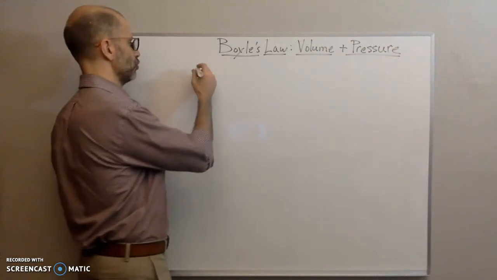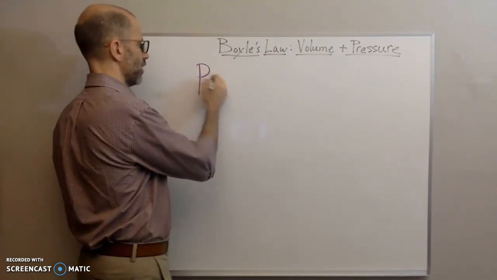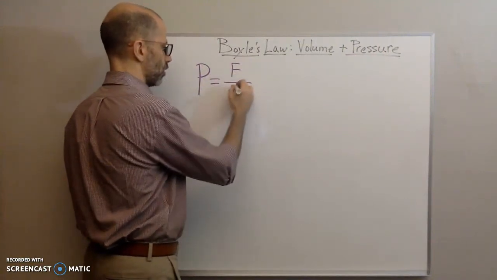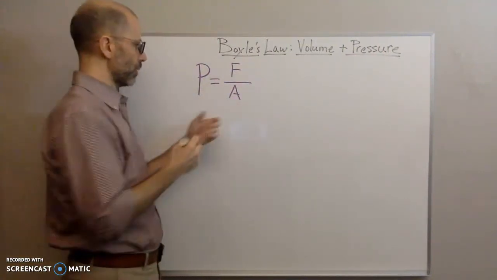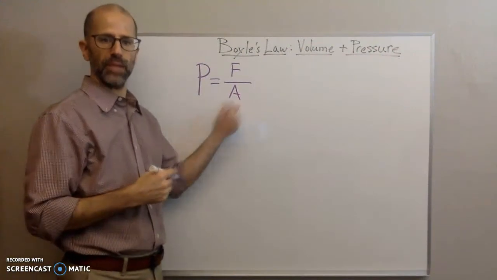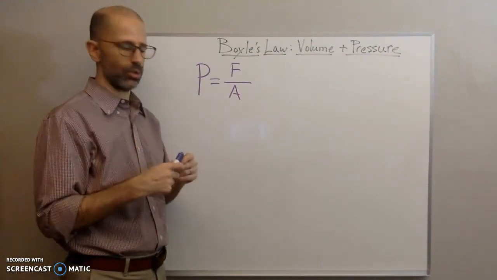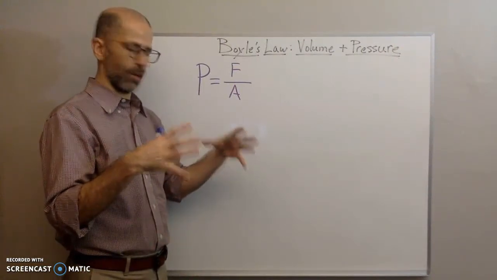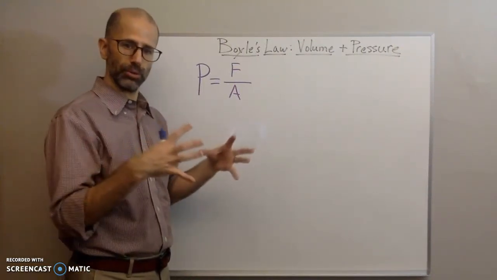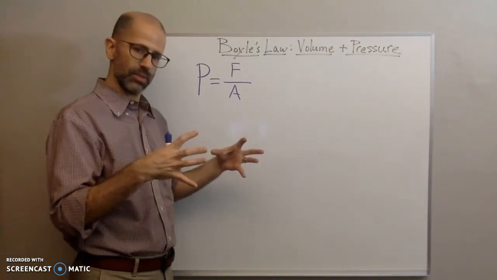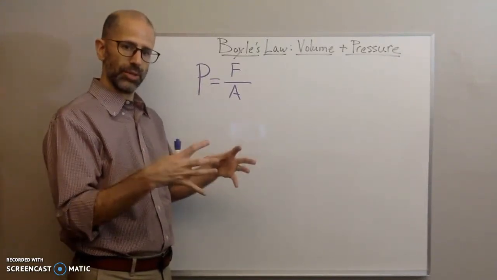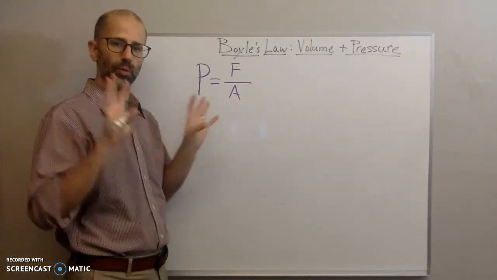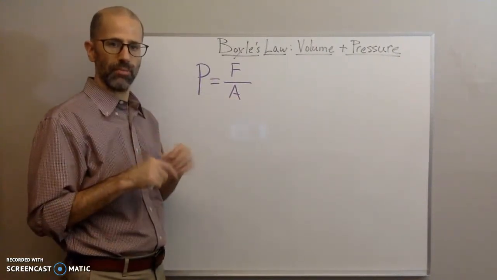So if we go back to the equation we had, pressure is equal to force over area. Remember, surface area is related to the volume of the container. So if I squeeze the balloon, I'm going to make it smaller. I'm decreasing the volume, but I'm also decreasing the surface area on which the particles are pushing.